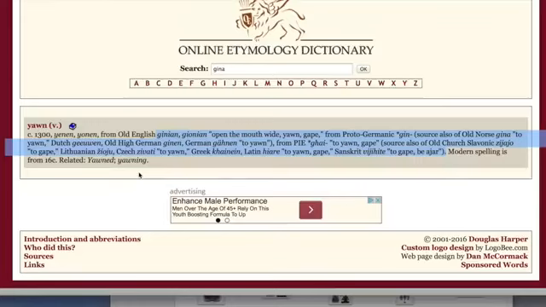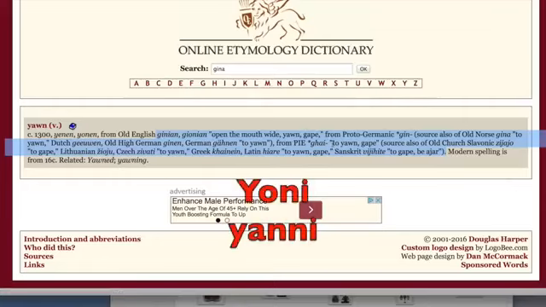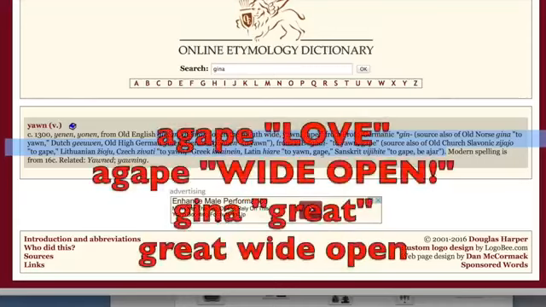So when we look up the etymology of the word Gina, the name Gina, it brings us to yawn, the open wide mouth, the yawn, her gape. From Old Norse gina, to yawn. Proto-Indo-European gei or gai, to yawn, to gape, be ajar.